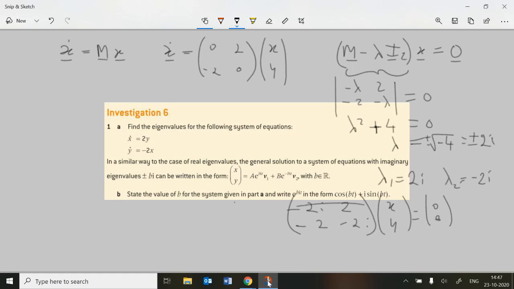When we multiply this by this to get out a 0, we're getting minus 2i x plus 2y is equal to 0. Now, cancel the 2 out there, and if we take the xi to the other side, we get y equals ix.